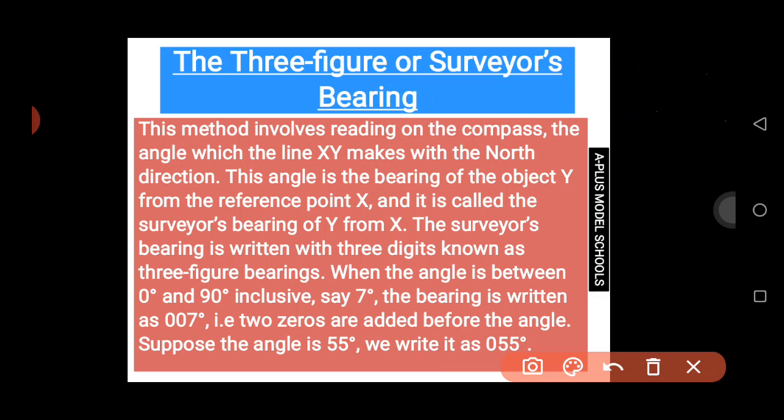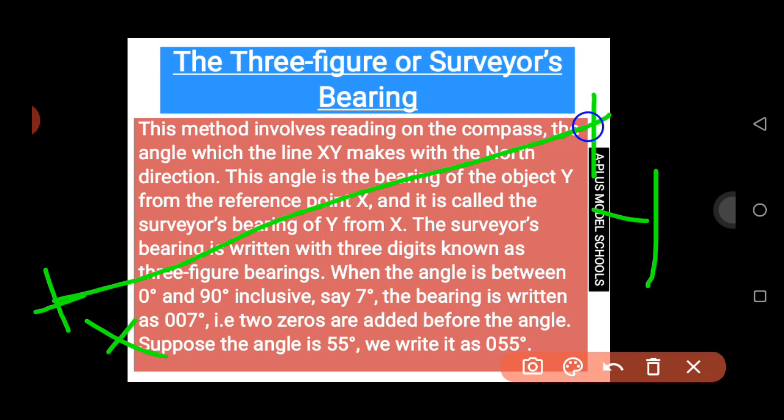So when you have two objects, if this is the first object and the second object is here, if this is x and this is y, the two cannot give you the same direction. So if you want to look for the direction of x, you look at it from y. And if you want to look at y, you look at it from x.